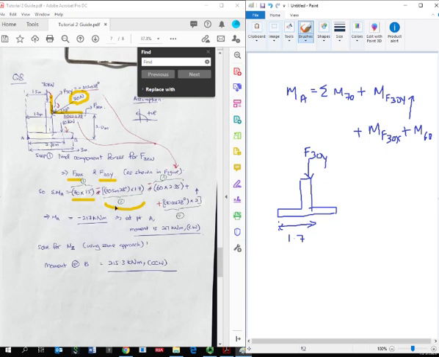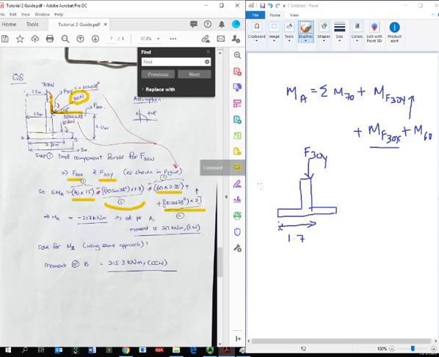This is the reason why it is 30 sine 28, which is the 30y, multiplied by 1.7. The 60 Newton is actually 2.35 away, so 60 times 2.35. And then the cosine element, which is the 30x here, is multiplied by 2.